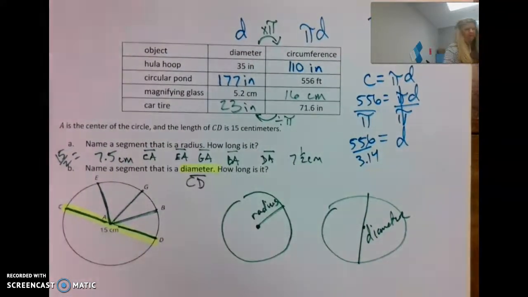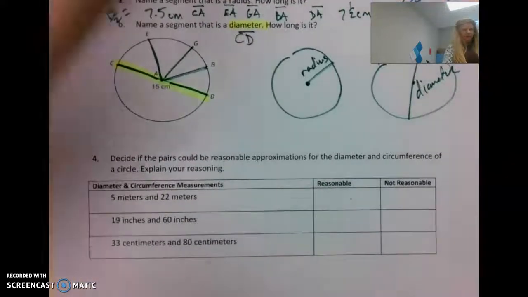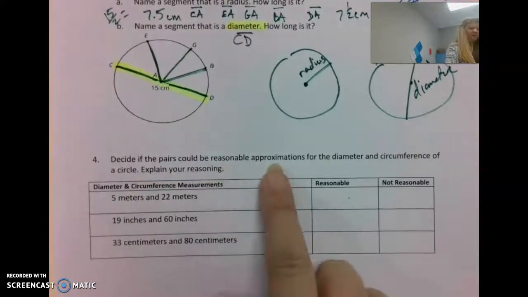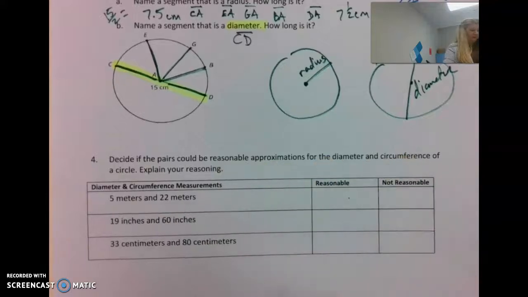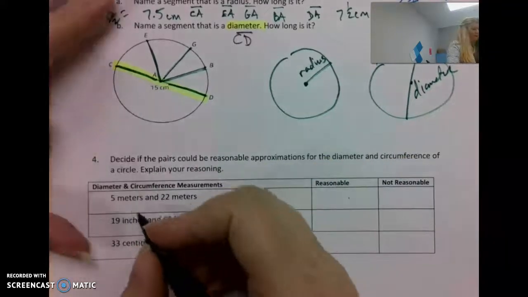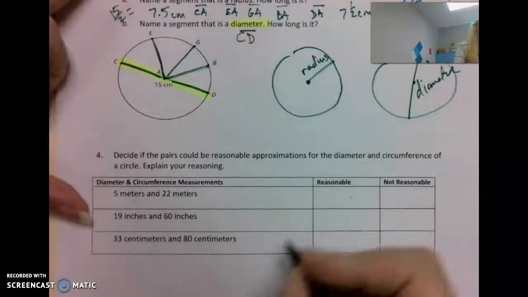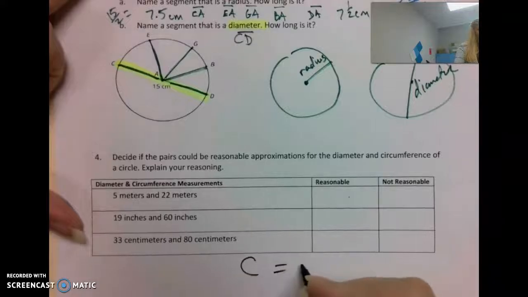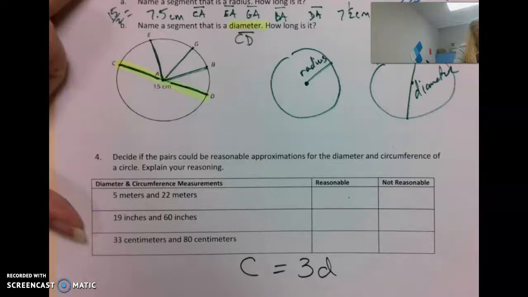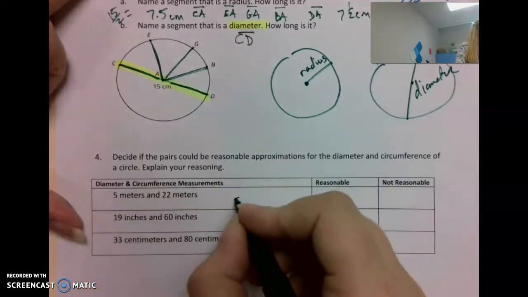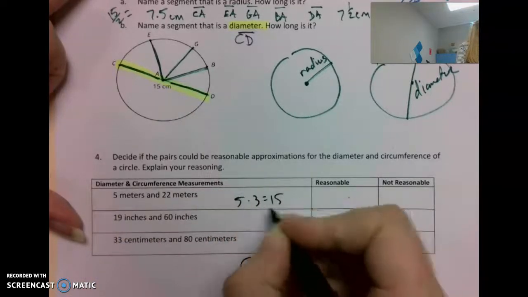All right, almost done. Decide if the pairs could be reasonable approximations for the diameter and circumference. So remember, the circumference is roughly 3 times the diameter. Okay, it's actually a little more than that. Okay, so 5 times 3 is 15.